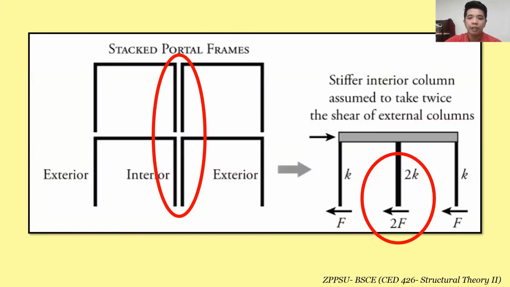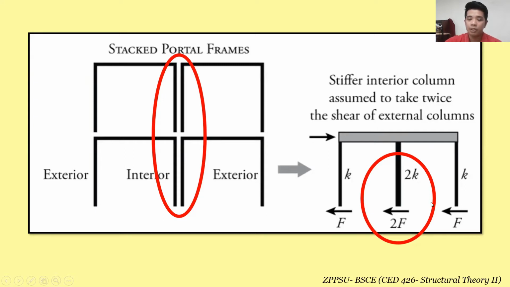So stiffer interior columns are assumed to take twice the shear of external columns. External columns are those columns na nandito banda sa mga gilid. And those columns inside are the interior columns. So ang ibig sabihin sa portal method natin, it is assumed that lahat ng columns na nasa loob, kung merong column pa dito sa gitna, that is an interior column.